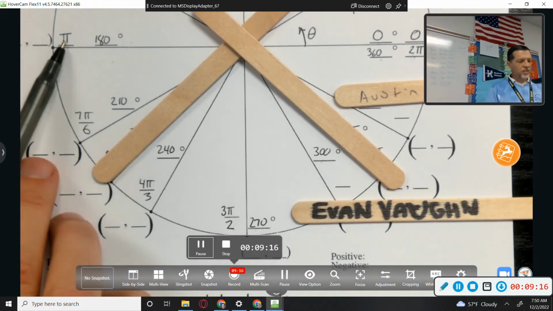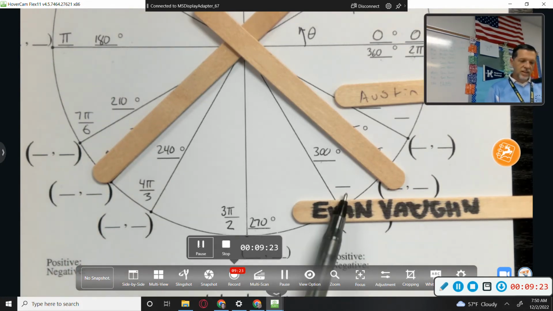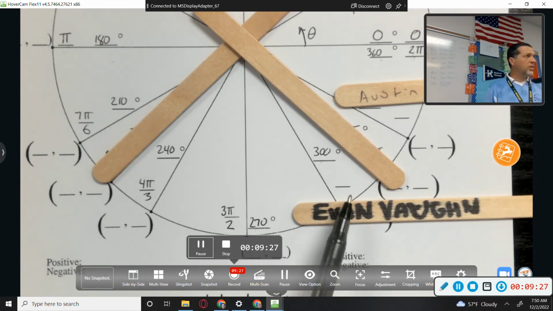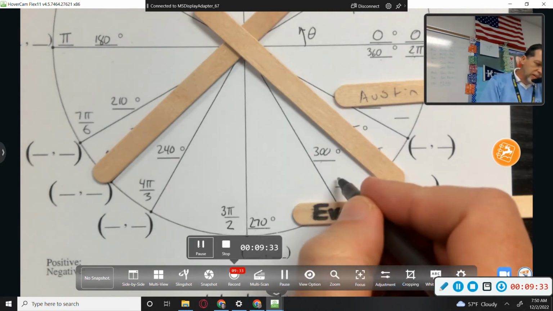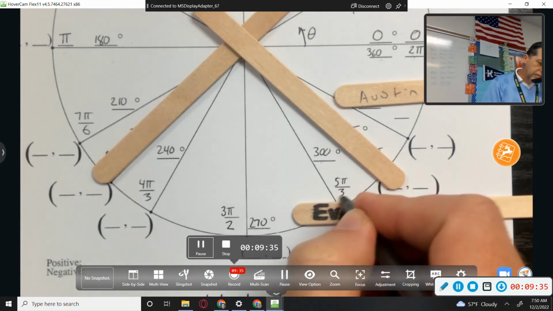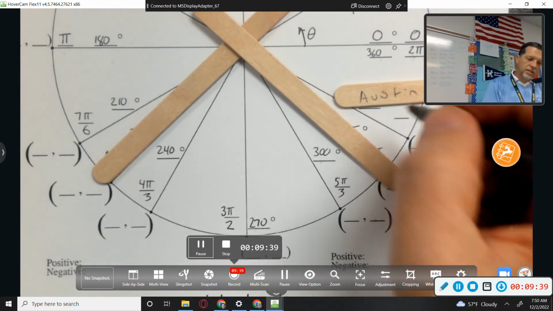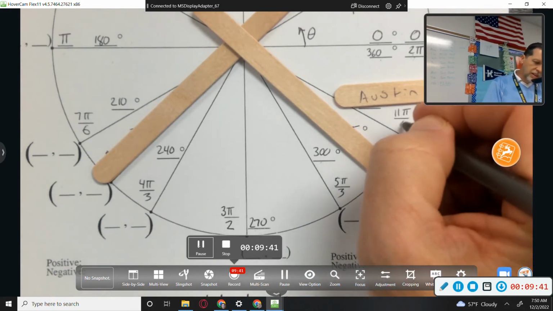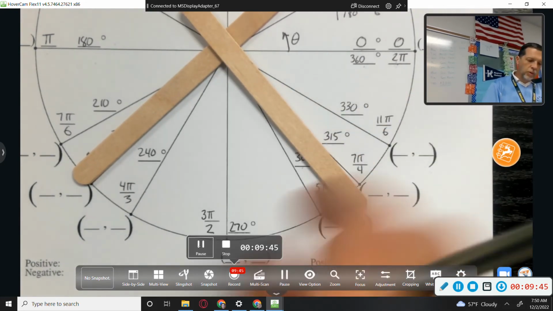So 6 over 6, 7 over 6, 8 over 6, 9 over 6, 10 over 6, but 10 over 6 reduces to 5 over 3. 5 pi over 3. And then Austin, 11 over 6. And then just to check, one more would put us at 12 over 6, which is 2 pi.